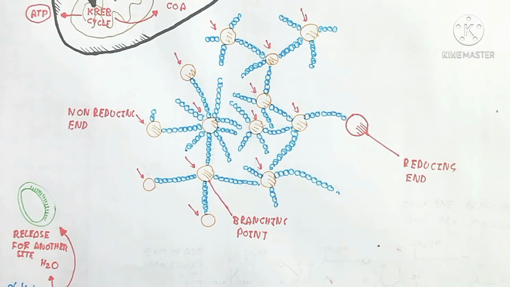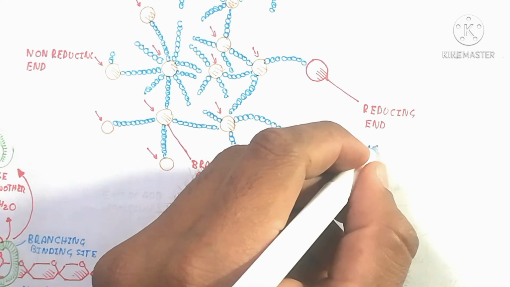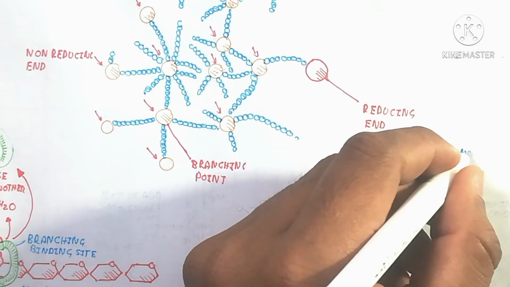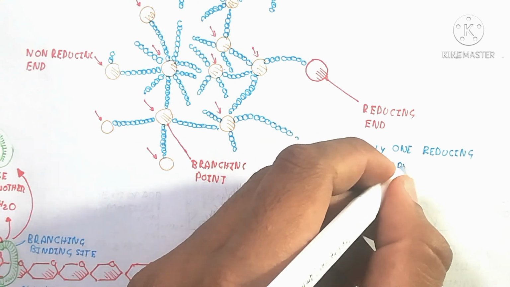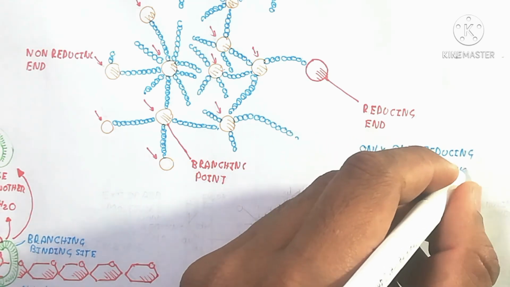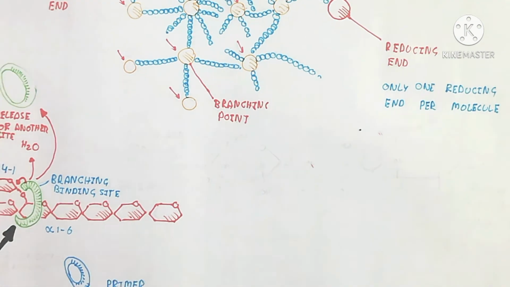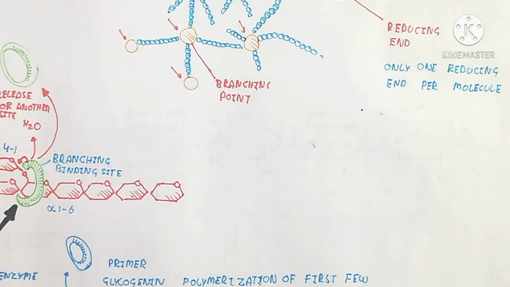Here is also the branching point, made by the enzyme known as the branching enzyme. So the non-reducing end is used for further branching of the glycogen.